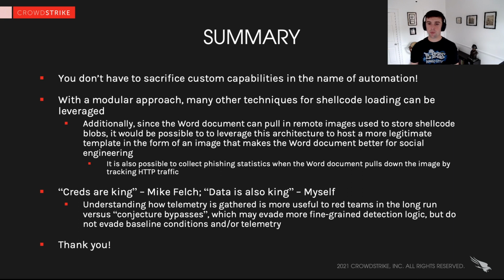These conjecture bypasses may be something like adding a null byte on the end of an exe to bypass some signature, or some other action where you don't necessarily have the data to prove what you're bypassing. You're just kind of shooting in the dark almost. These may evade some of the more fine-grained detection logic that's very specific, but don't expect this to evade your baseline conditions or telemetry source in general.